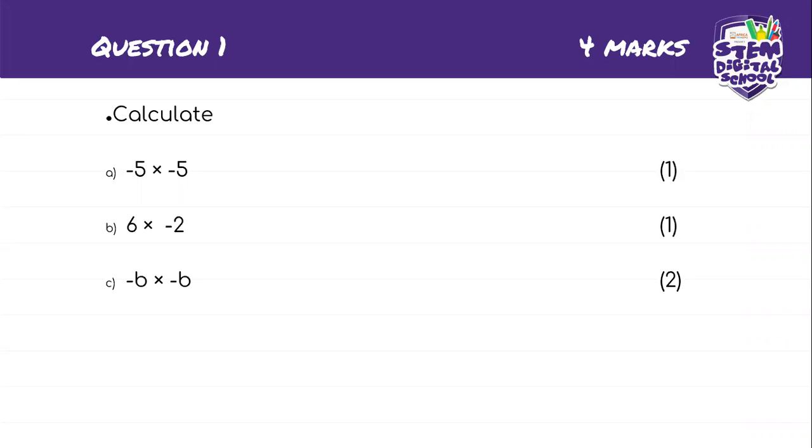But remember that the 2 is negative, and of course, it will lead to a negative answer.